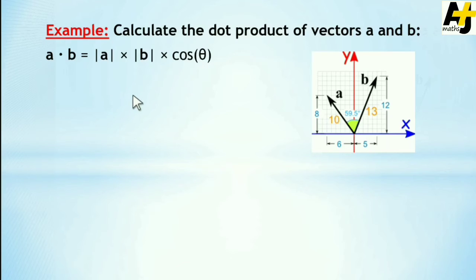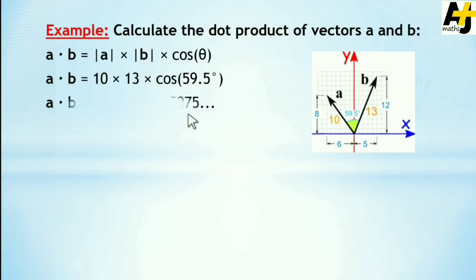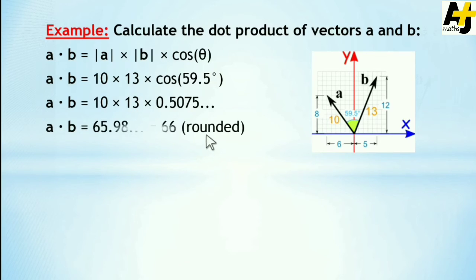Now by putting the values, a has magnitude 10 and b has magnitude 13, and the angle is 59.5 degrees. Now multiply, and we will get the answer: a dot b equal to 65.98, which rounded becomes 66.